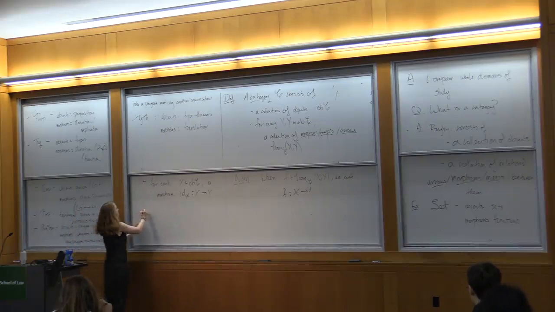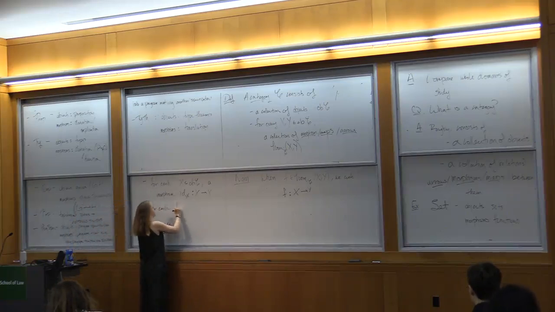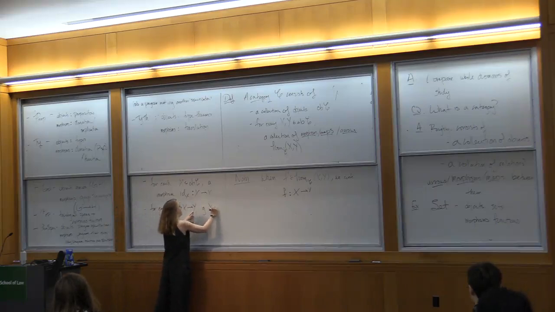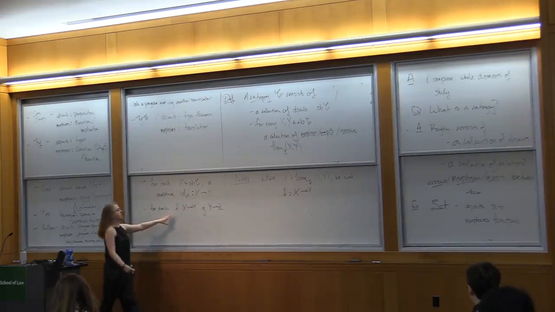And for each pair of maps that are going to have something in common. So what do we mean by this?